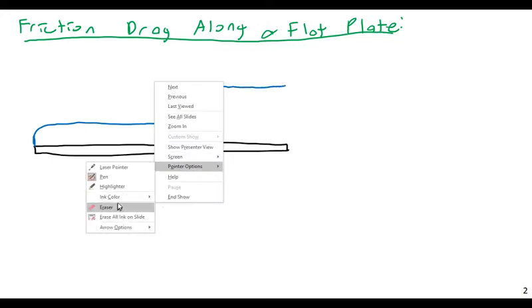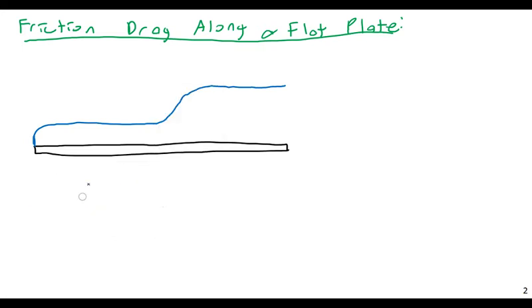So initially you get a velocity profile that's like this. Again, the velocity will always be zero right at the plate, but this is your laminar boundary layer. So when the fluid first strikes the plate, it will be laminar.